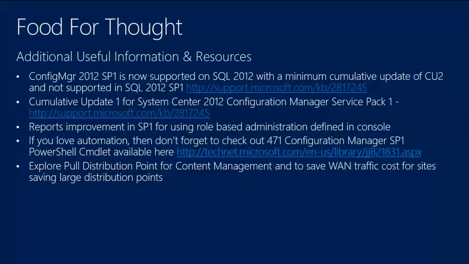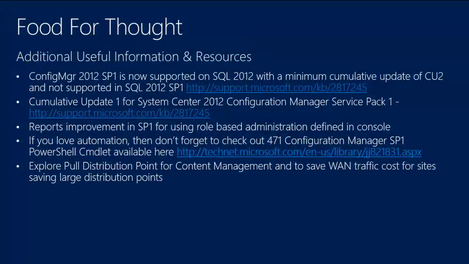Pull distribution point, we actually did not invest a lot of time in, because this feature came a little late in the life cycle of SP1. But this is another great solution for saving on WAN traffic and also for saving on the number of threads.